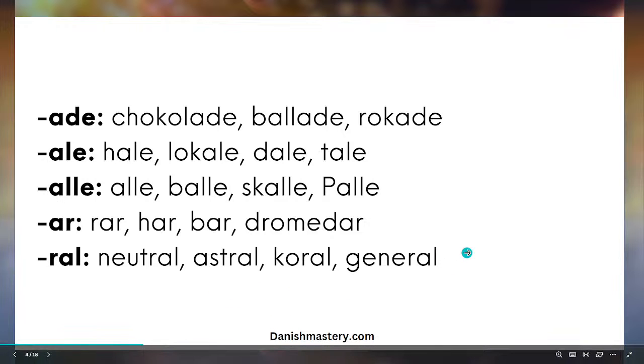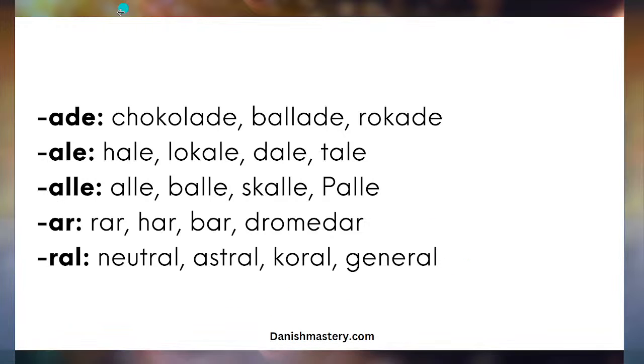So sometimes the A is a, like ale, alle. And other times it's a different sound. And you don't really have a way of knowing if you don't practice a lot. And watching this video, of course, will help you in that process. Neutral, astral, koral, general. Beautiful.